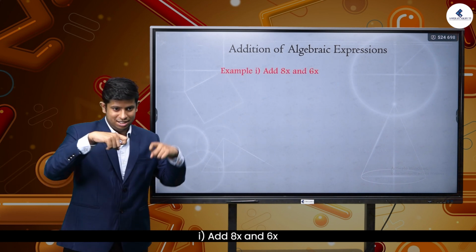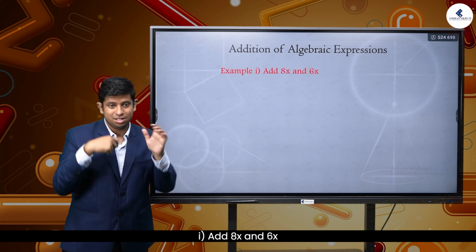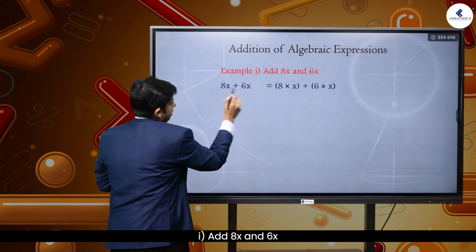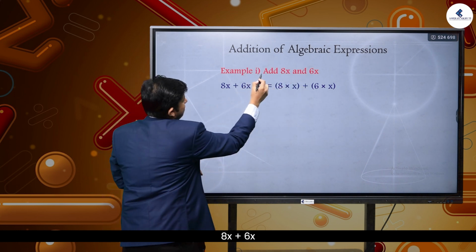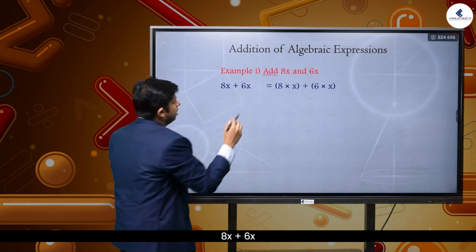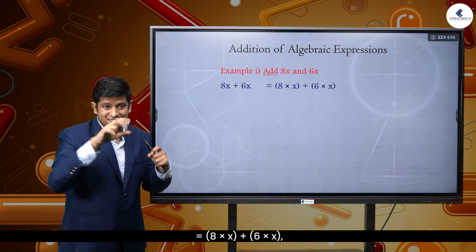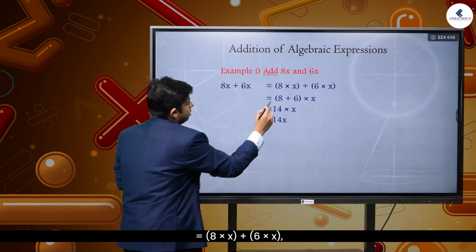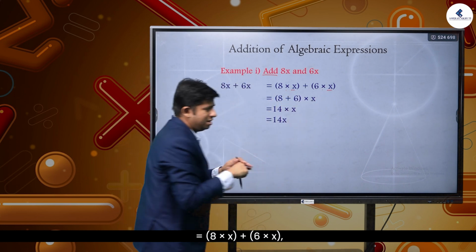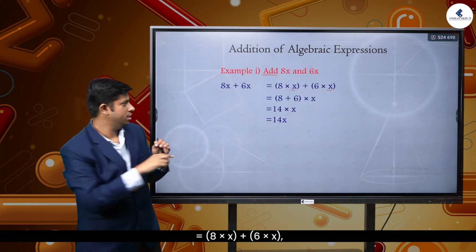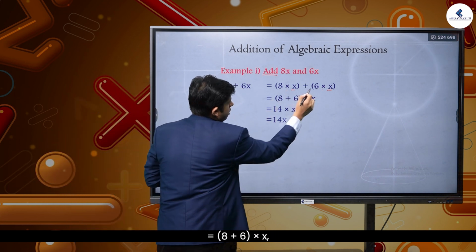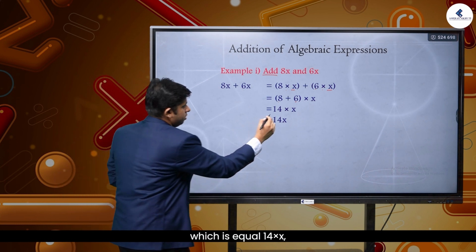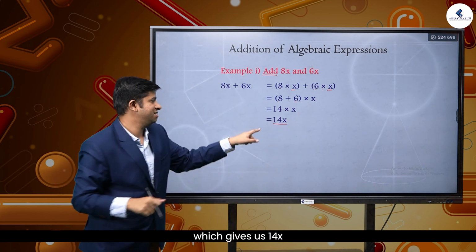Example: add 8x and 6x. 8x plus 6x is equal to 8 into x plus 6 into x, which is (8 plus 6) into x, which is equal to 14 into x, which gives us 14x.